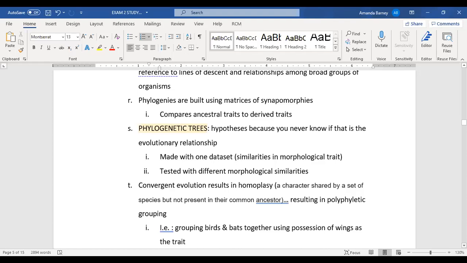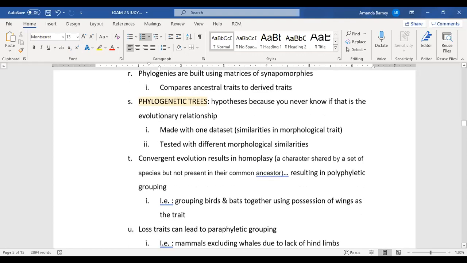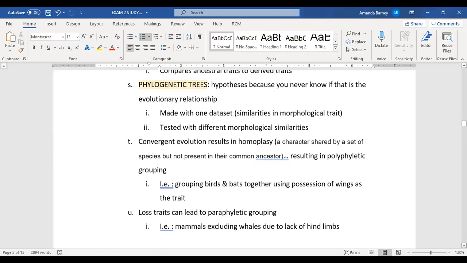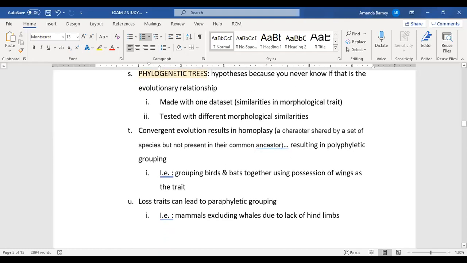Ancestral traits are what you're going to see in your ancestors coming down the line, your common ancestor, and that has to do with homology. Your derived traits are what you're going to see in your taxa at the other end of the phylogenetic tree, in the species that are current, or you could have a phylogenetic tree that ends with a species that has gone extinct too, but it's just the farthest on the right.